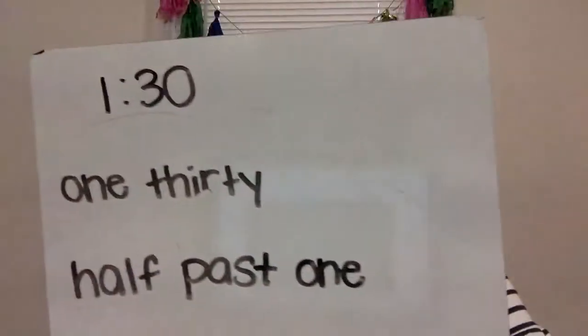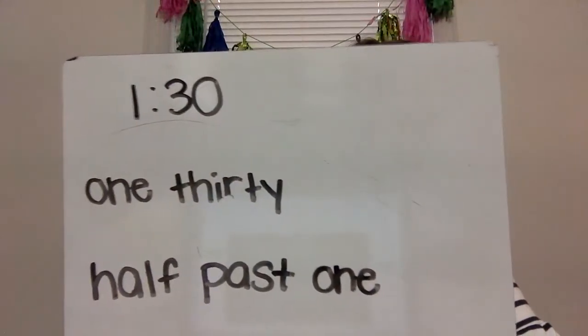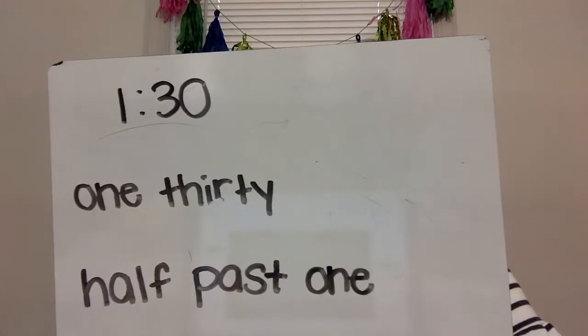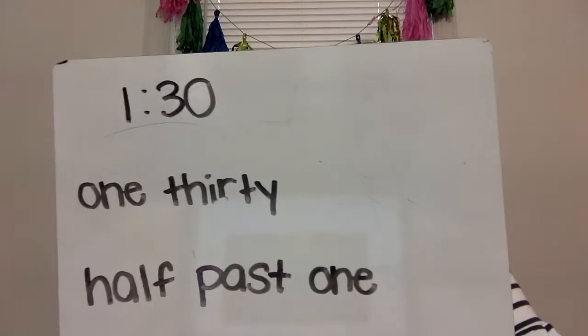Half past. But half past what? Well, if it's 1:30, it is half past 1. So that's another way you can write it. You have 1:30 written in a digital time, 1:30 written out in words, or you could also say half past 1. And we're going to practice some more.